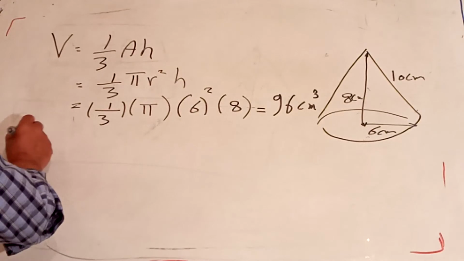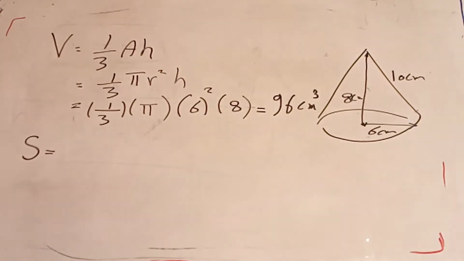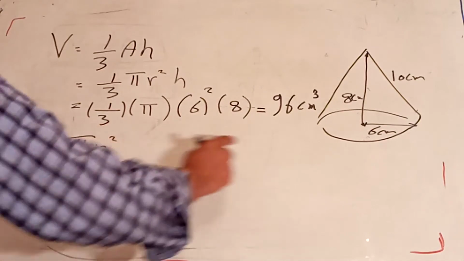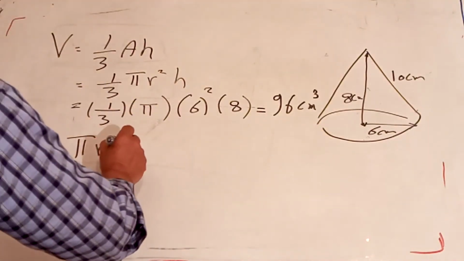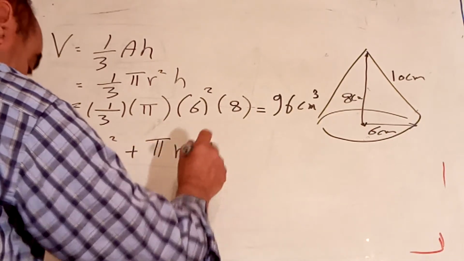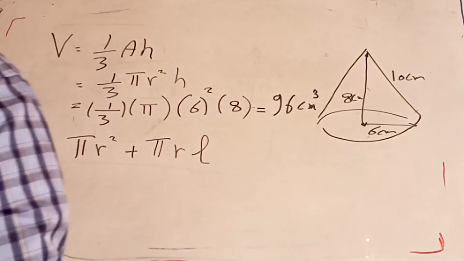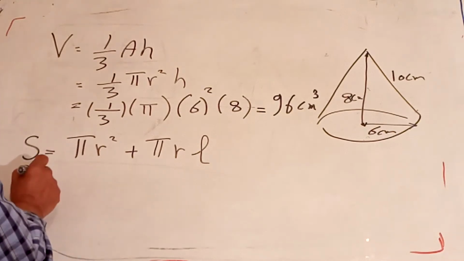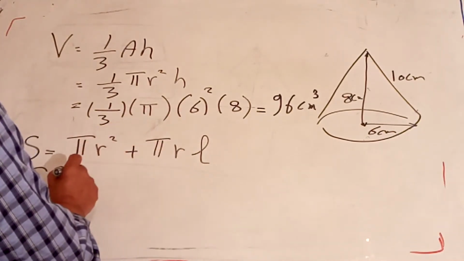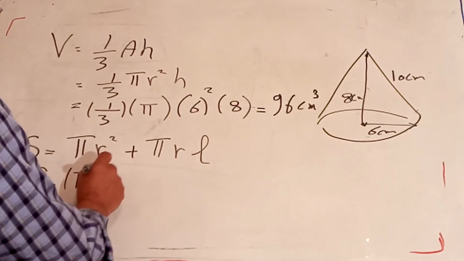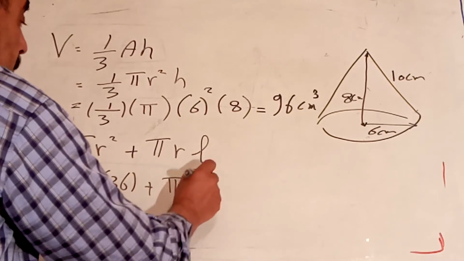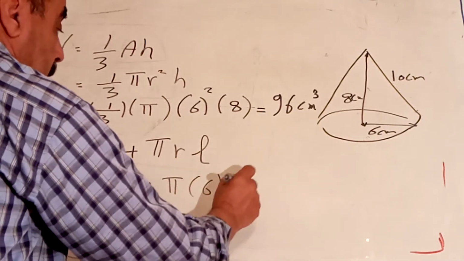So S equals pi r squared, the area of the circle of the base, plus, as we said, pi r L. So the total surface area equals pi times 36, plus pi multiplied by r, which is 6, multiplied by 10.